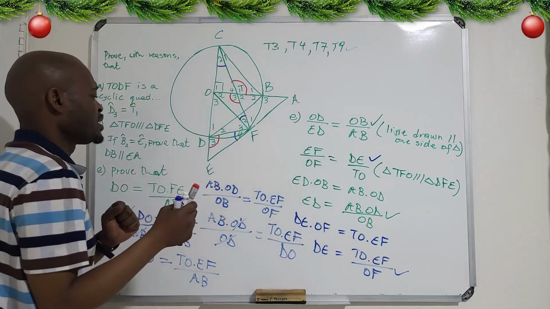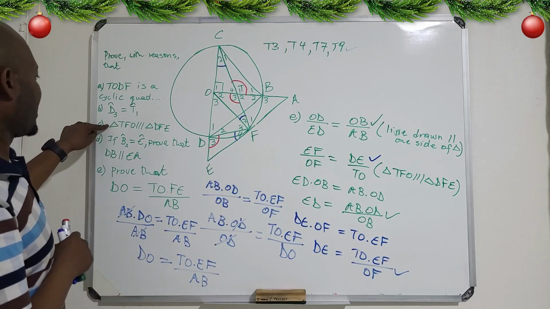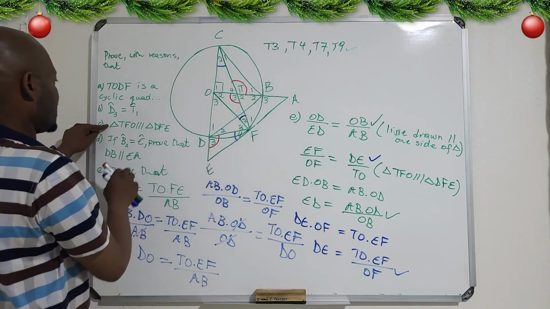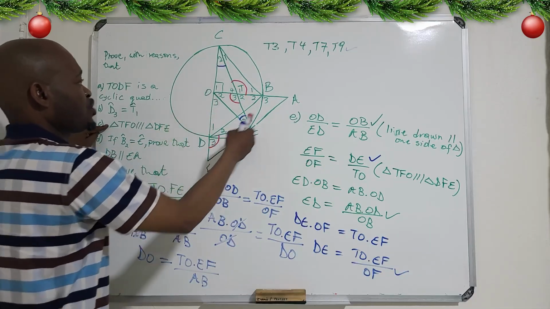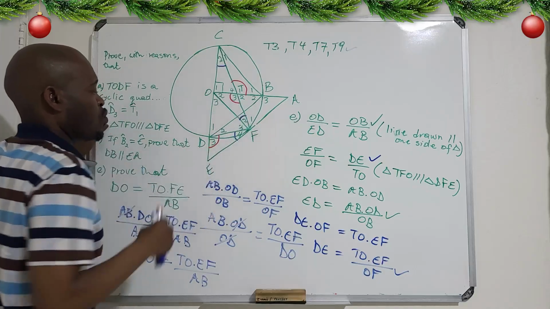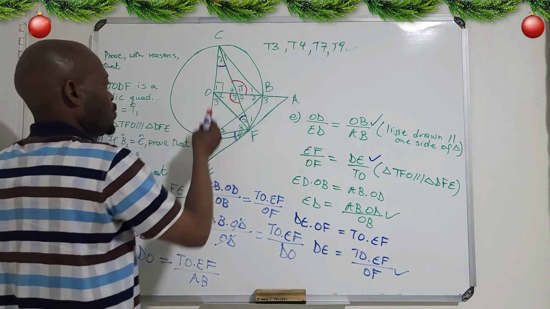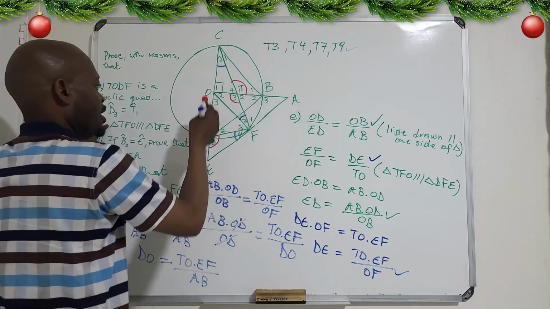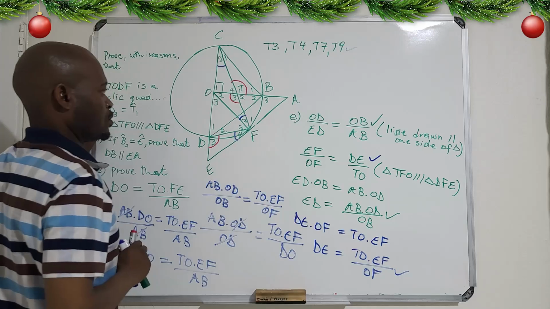They've asked us to prove this, and we have proved that the two are parallel. Therefore, we use theorem number 1, where a line drawn parallel to one side of a triangle divides the other two sides in the same ratio.